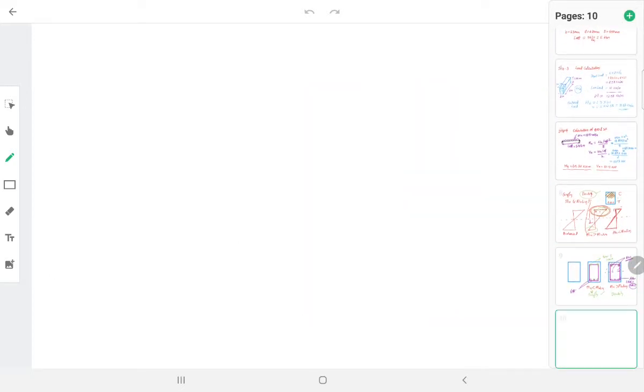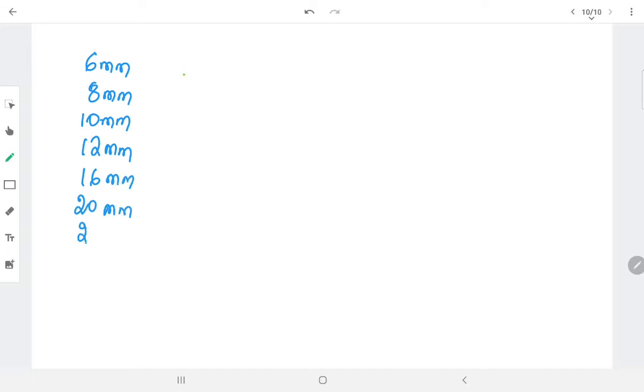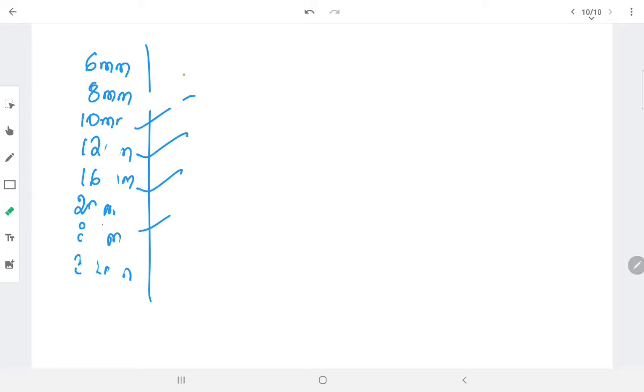Apart from that, you must know what reinforcement bars are available in the market. Generally you will get 6 mm, 8 mm, 10 mm diameter bars. These are all diameters of bars. Also 12 mm, 16 mm, 20 mm, 25 mm and 32 mm. Whenever you do calculations, you need to take whatever available reinforcement there is.